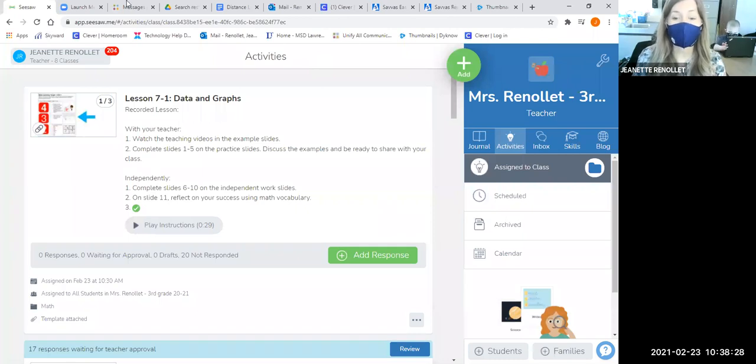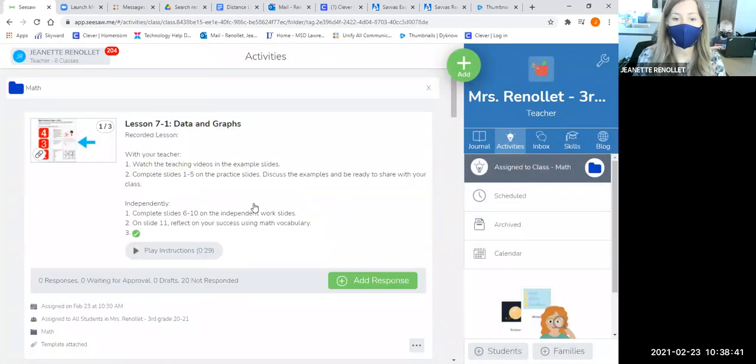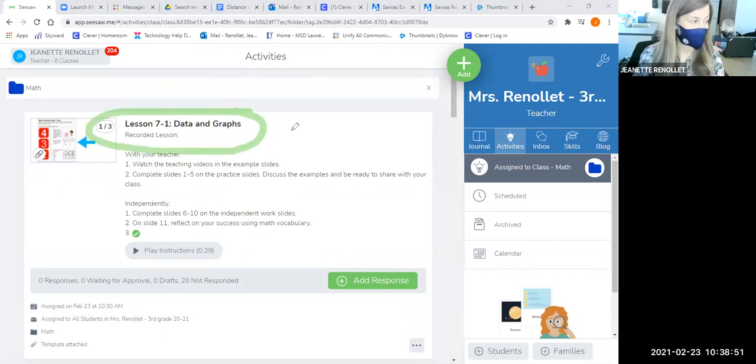To find our math task today, please click Activities, Assign to Class folder, and Blue Math. Our task today is called Lesson 7-1, Data and Graphs.